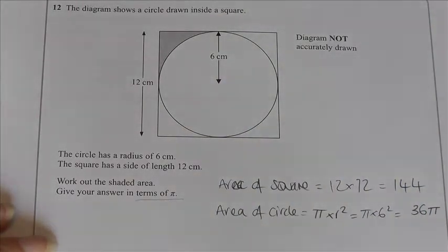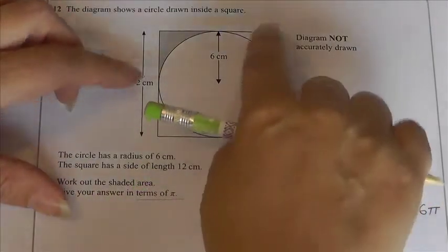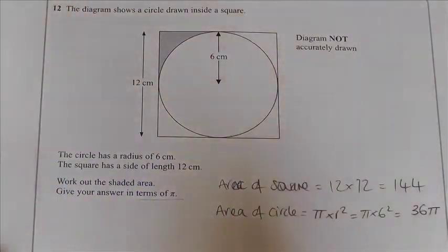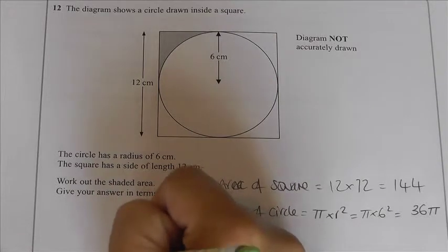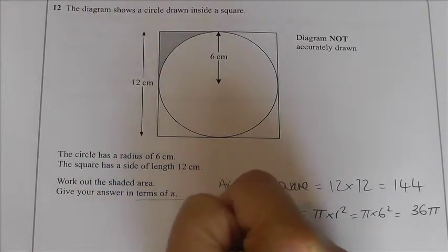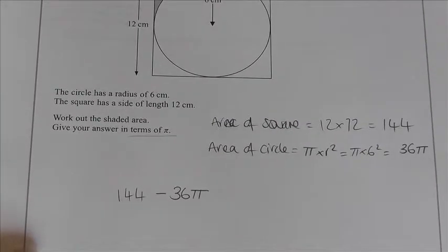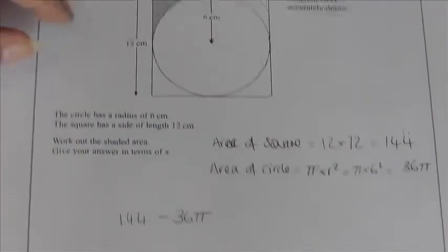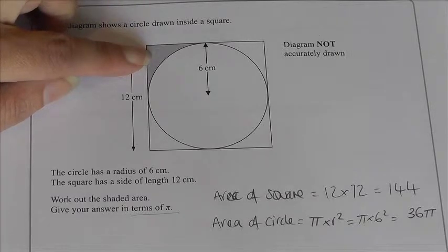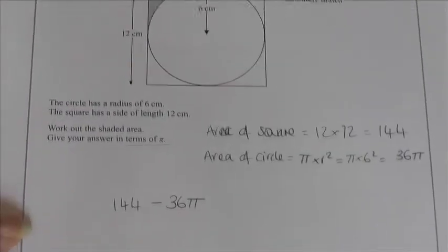And r squared is 6, so it's going to be pi times 6 squared, which is going to give us 36 pi. Now, if we were calculating the areas of all of those shaded parts, we would take the area of the square and subtract the area of the circle, which would be 144 minus 36 pi. Because we only want one of these corners, I'm going to divide that answer by 4.